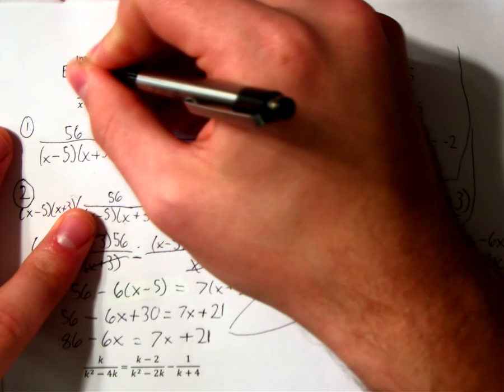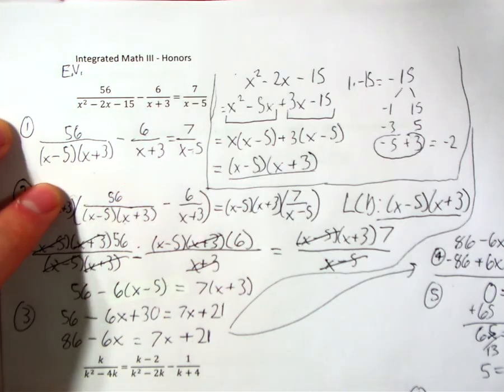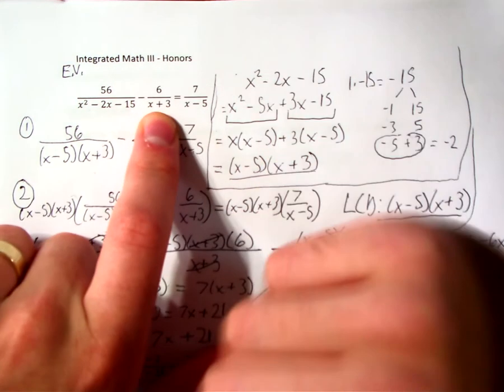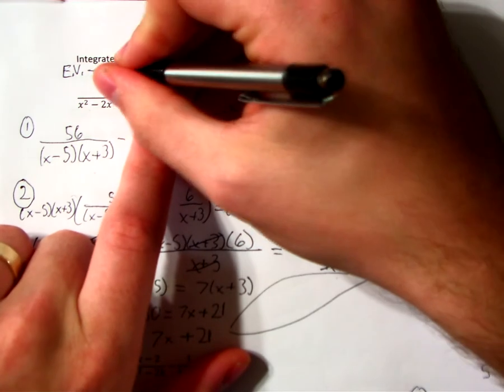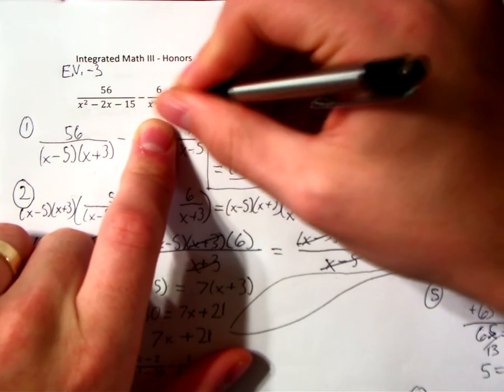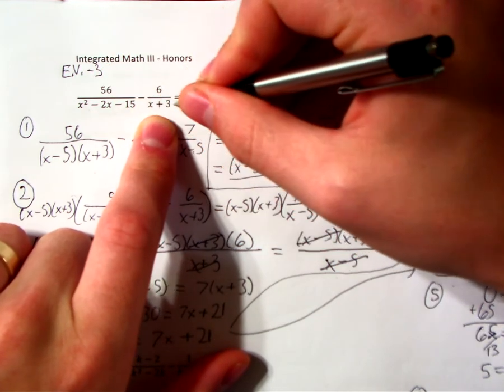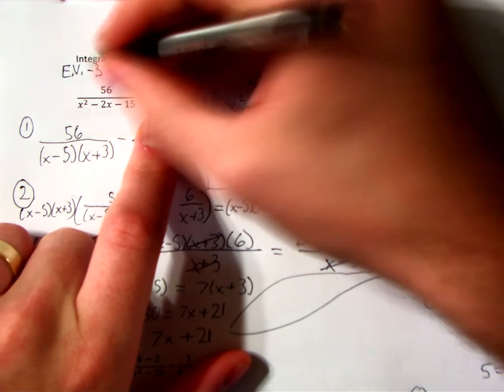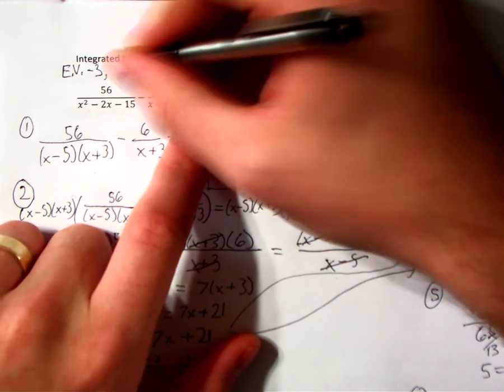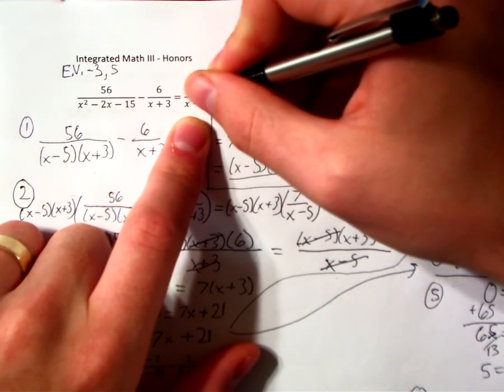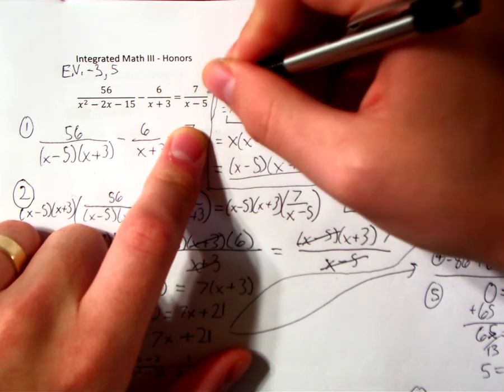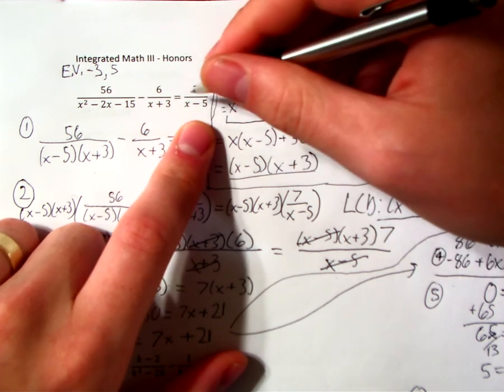What are my excluded values here? Okay, so I can tell from this denominator that one of my excluded values should be -3, because -3 is what x cannot equal. It's got to be excluded, because that would make this denominator equal 0. One of my excluded values ought to be 5, because x cannot equal 5. 5 minus 5 would make this denominator equal 0, so I have to exclude the value 5.